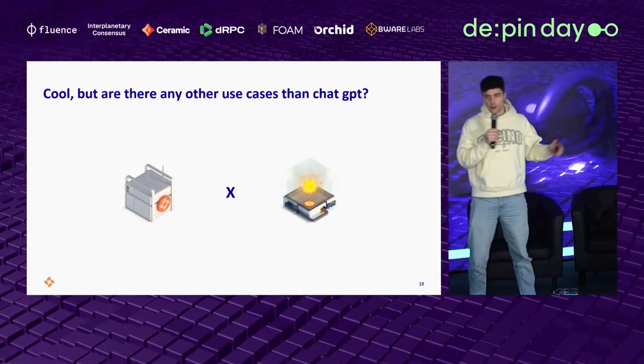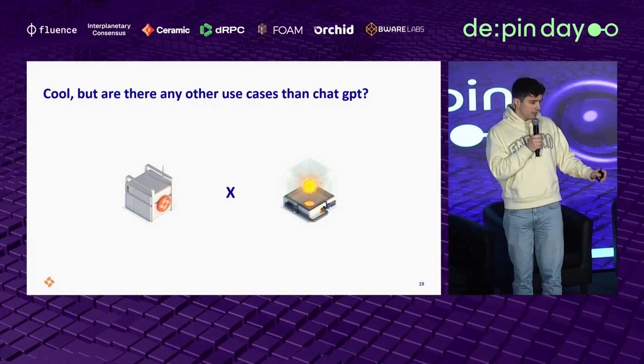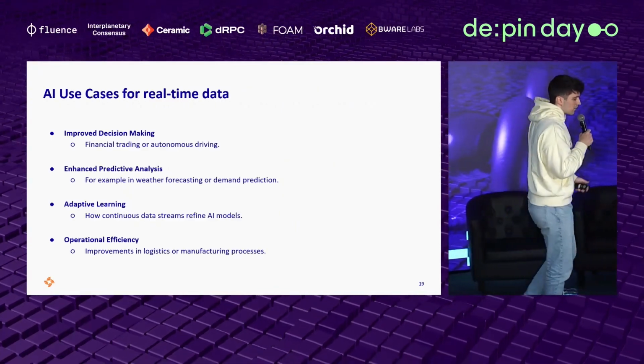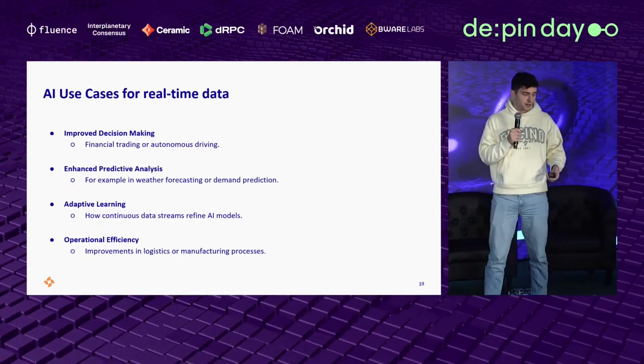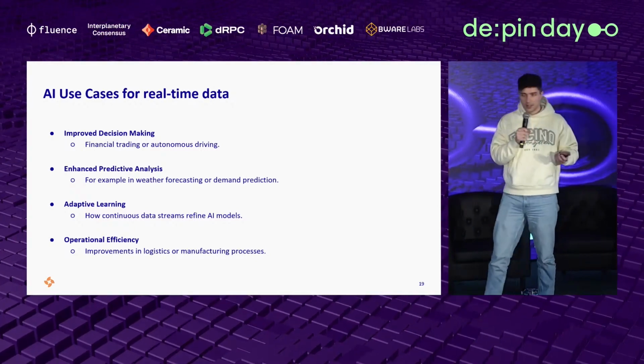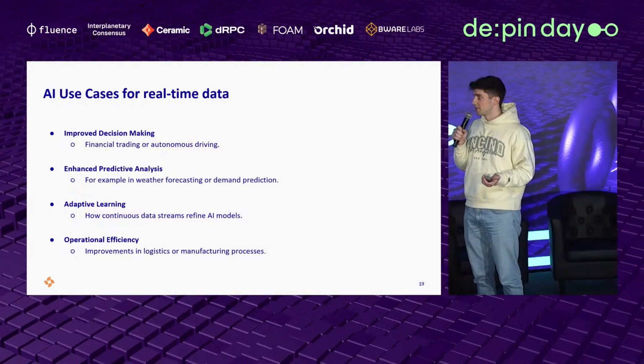So this is all cool, but are there any other use cases than ChatGPT? Yes, there are, of course. Really, really cool use cases. So of course, with real-time data, there is improved decision-making, right? So financial trading and autonomous driving are basically use cases for this.